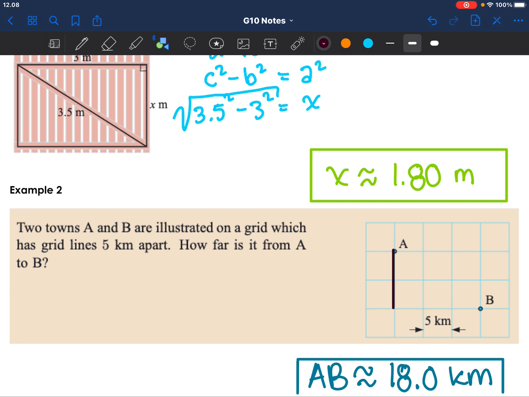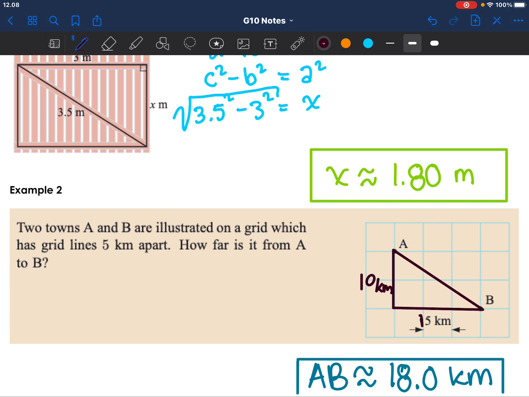So we need to know what A to B is exactly. One of the legs here is 2 squares, so that means 2 times 5 is 10 kilometers. And then the bottom one is 3 squares, so 3 times 5 is 15 kilometers.